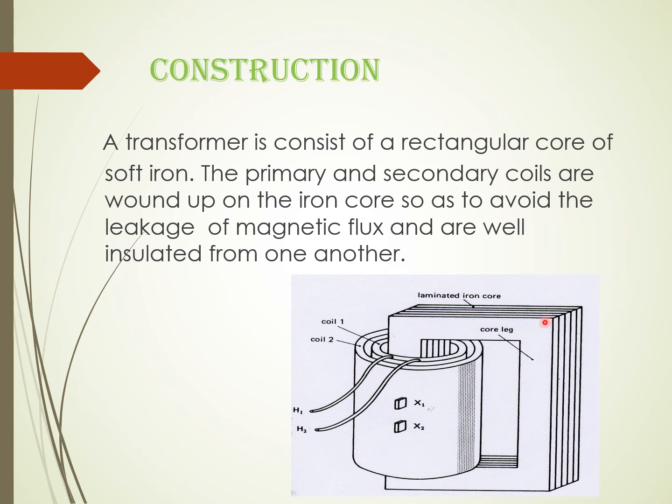Okay, they are the laminated iron cores. And this side a primary coil is wound up on this iron core, as well as on this side the secondary coil is wound up, so that it avoids the leakage of magnetic flux and are well insulated from one another.